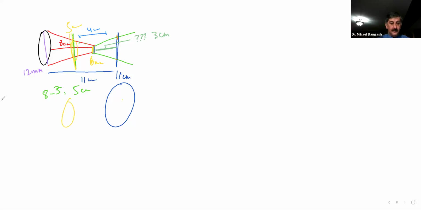If I just play a little around with the numbers and said, what do you think would have been the diameter of the beam at a depth of, let's say, 14 centimeters? What's going to have the same diameter of the beam as on 14 centimeters?